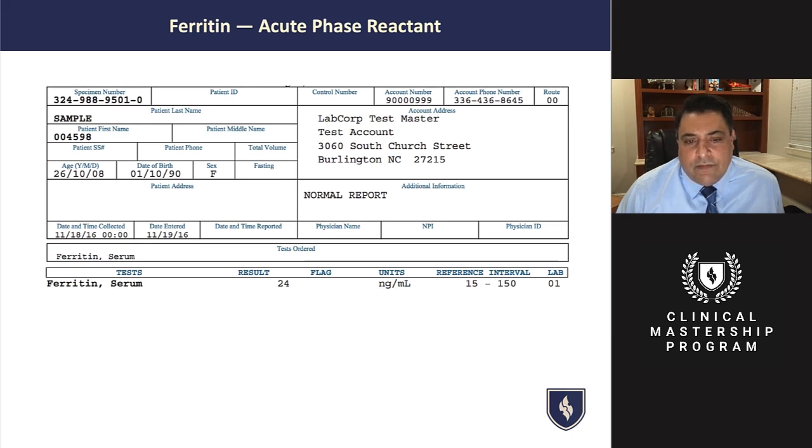Ferritin levels outside the range, let's say 200, 300, 400, could indicate some acute inflammatory response involving iron mechanisms and free radical pathways. It doesn't tell you the cause or give you anything specific. When ferritin levels are high, absolutely do not give a patient iron, because it's going to promote the inflammatory cascade.